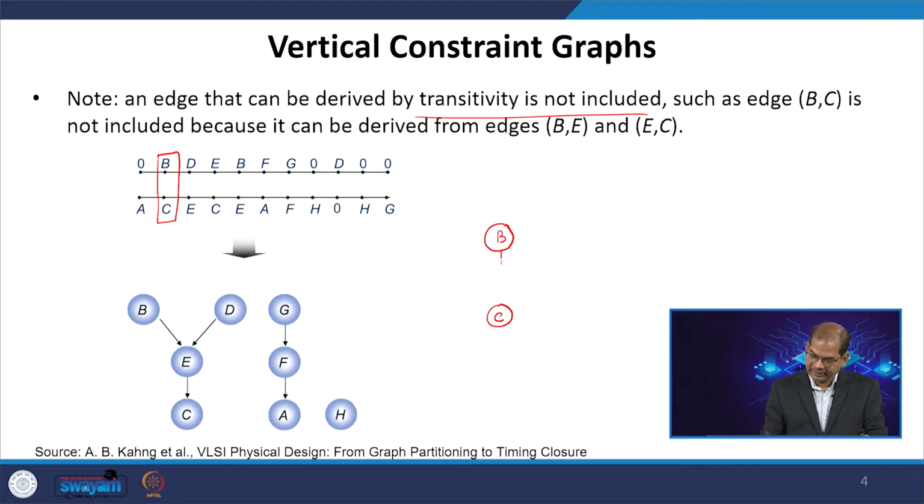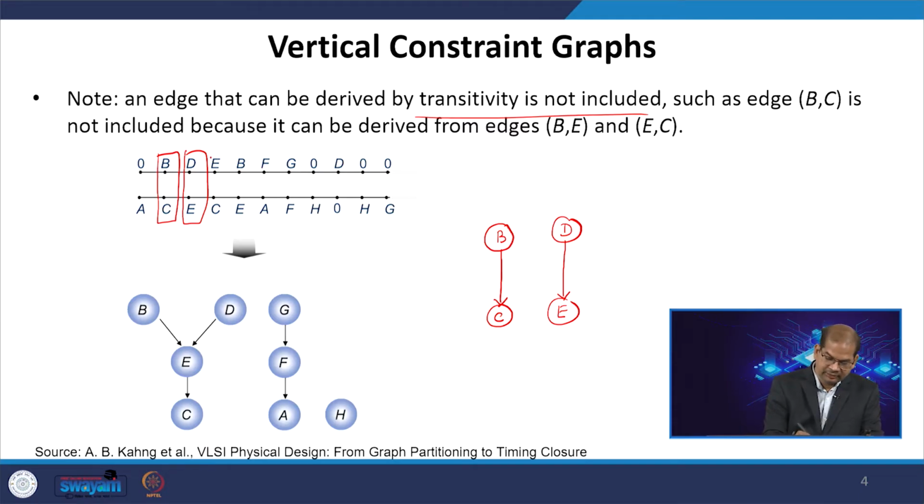So, there should be an edge from B to C. Then you have a D node here, and an E node here. So, there is an edge from D to E, corresponding to this one. And you have E to C as well.